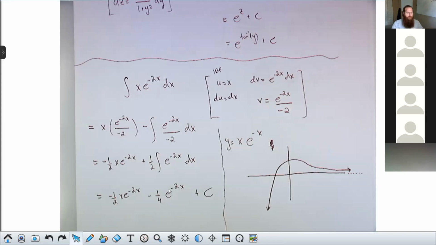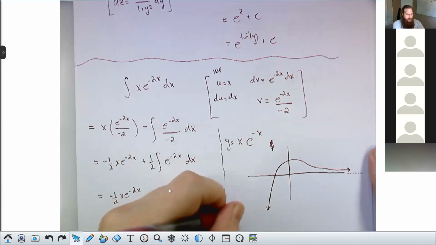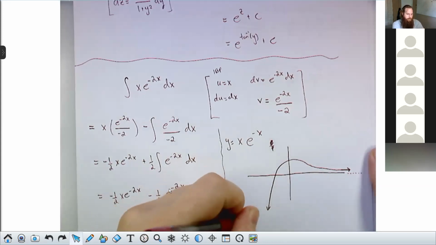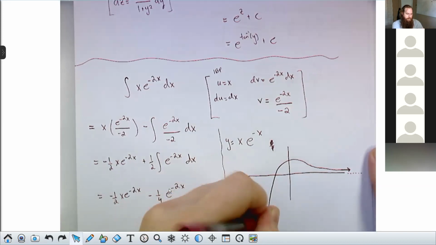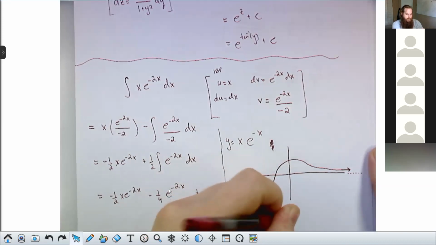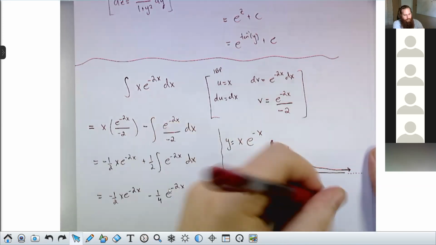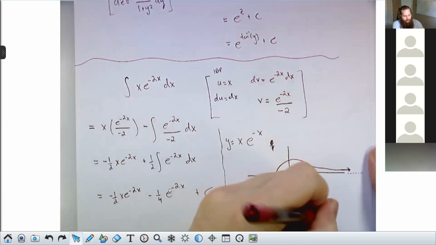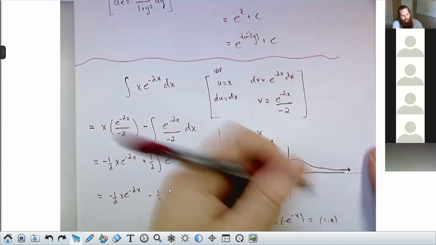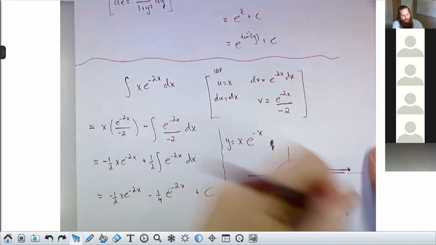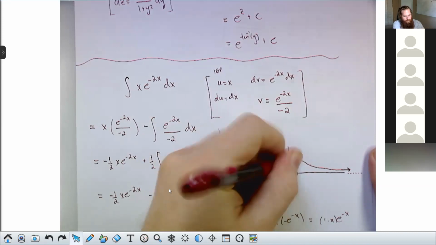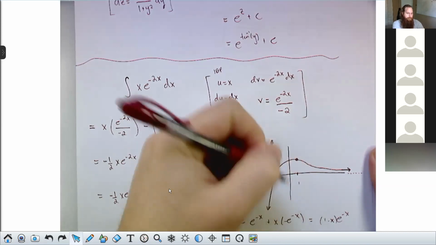And again, if you don't remember, you should go through that process of calculating y prime, factoring, setting equal to 0, so the max that you find over here is at 1.